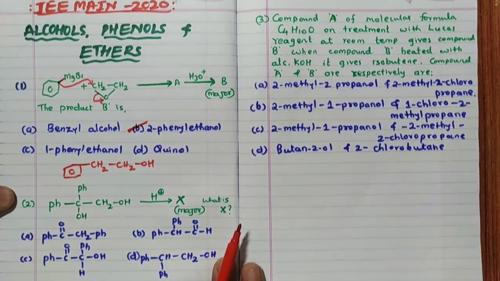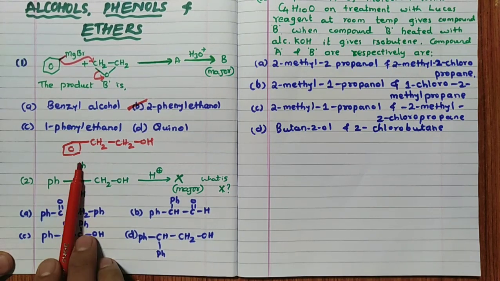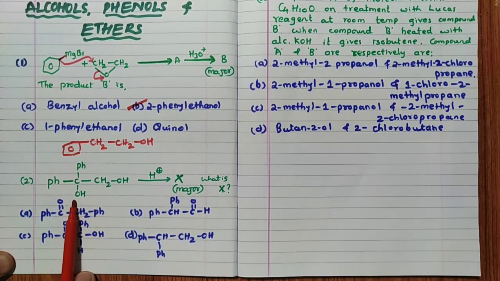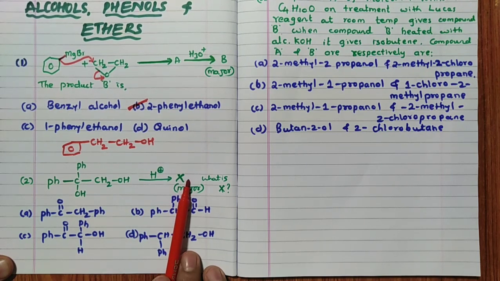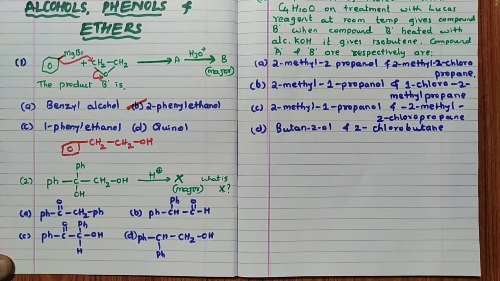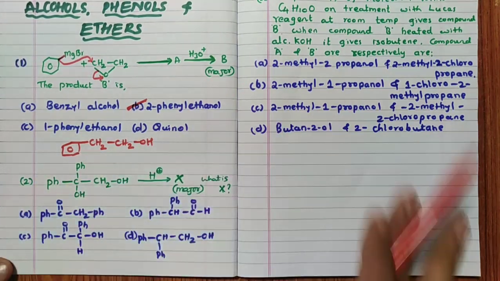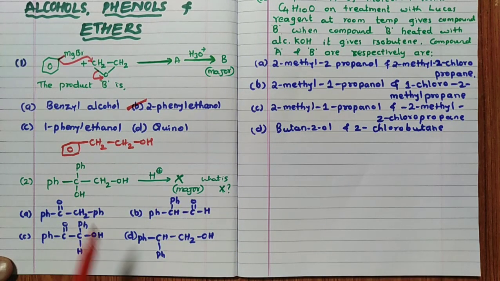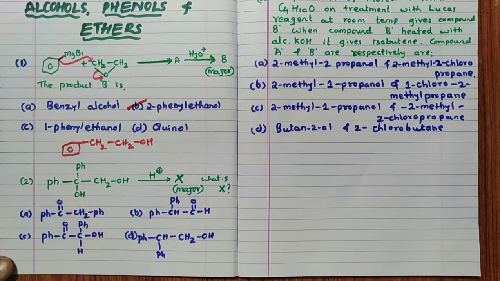Then the second question: C6H5CH(OH)CH2OH with H plus, X is the major product. They are asking which is the major product. Very important in these chapters: wherever in organic chemistry OH is there and on the arrow mark H plus is there, remember, this is a dehydration reaction.